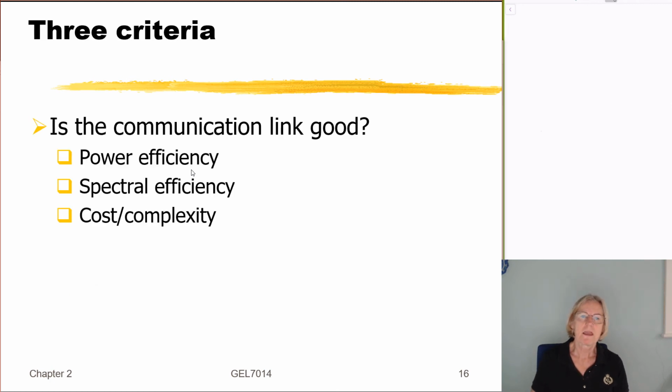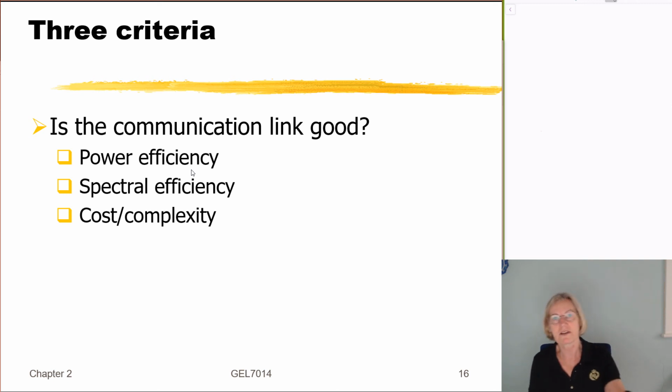And I'll make one recall before we end this discussion, is that the reasons we have lots of choices is because what makes a good communication link is not simple. We may want to be power efficient. We may want to be spectrally efficient. We may want to use less bandwidth, or we may want to use cheap components. We might want something that's robust because I have a very cheap clock signal, and maybe spectral efficiency.